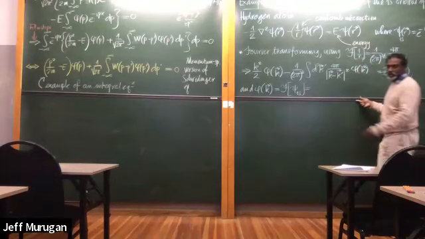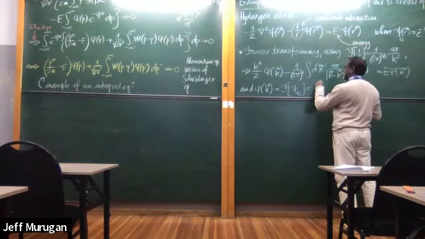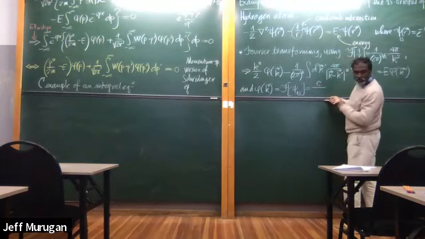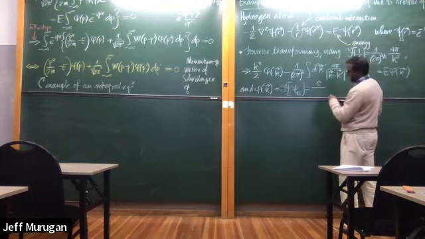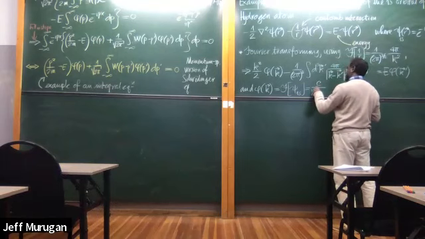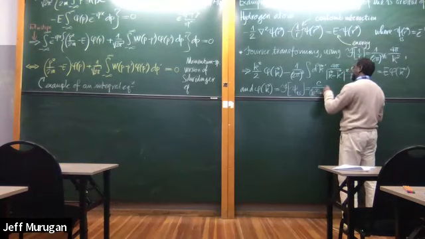You can calculate this quite easily, and it's nothing but some constant over (k squared plus 1) whole squared.